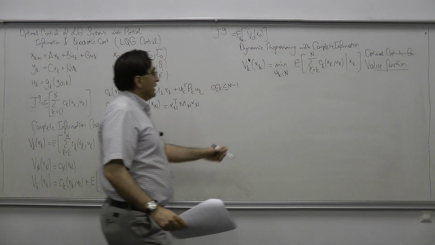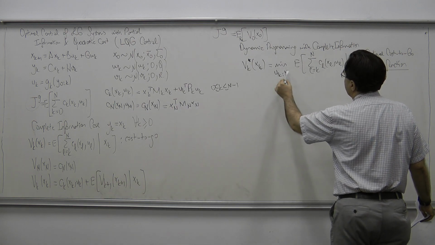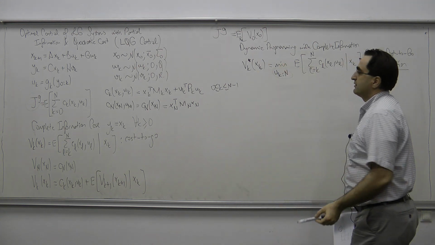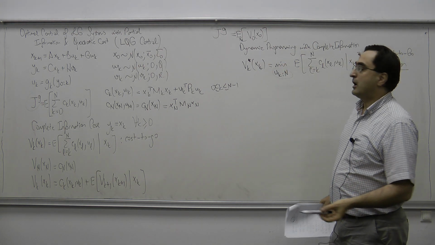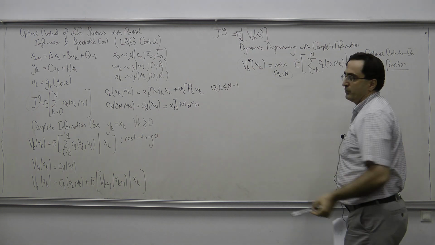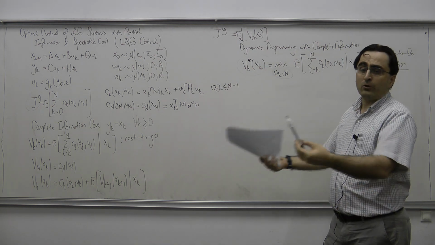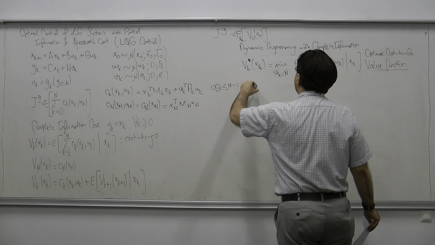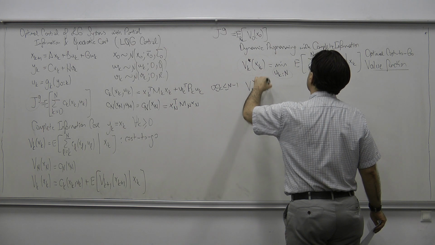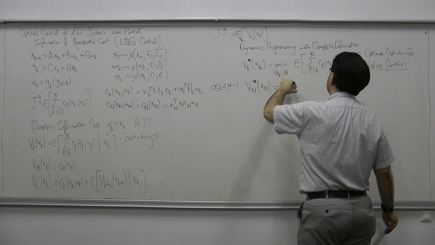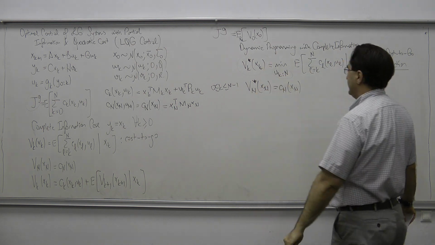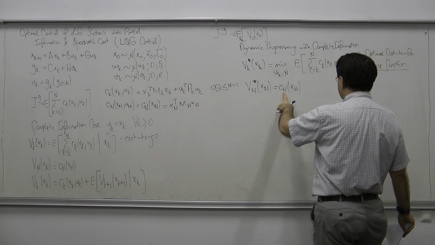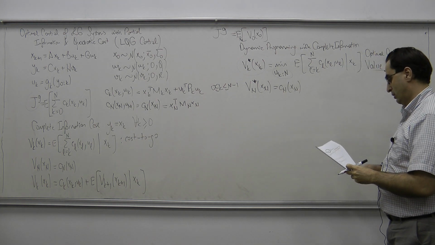So here, we really do not like to do this optimization over multiple inputs at the same time. That is why we calculate these value functions recursively backwards. We start with the last optimal cost to go function, Vn(xn), which is again Cn(xn). There is no input here to optimize, so we equate the last value function to the last incremental cost.